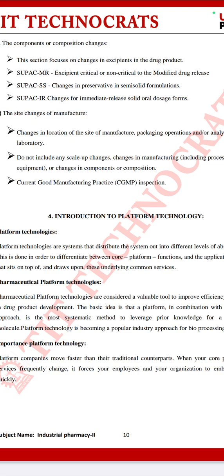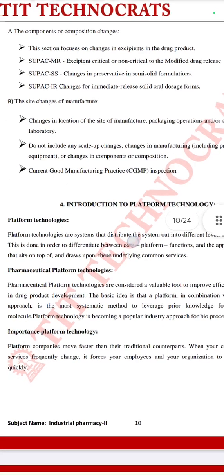SUPAC MR is for excipient, critical and non-critical, modified drug release. And SUPAC SS is for the semi-solid formulation and changes in the semi-solid formulation after approval. SUPAC IR is for changes in the immediate release solid dosage form after approval. The site changes of manufacturer.